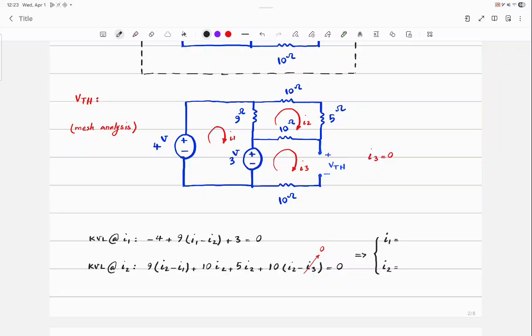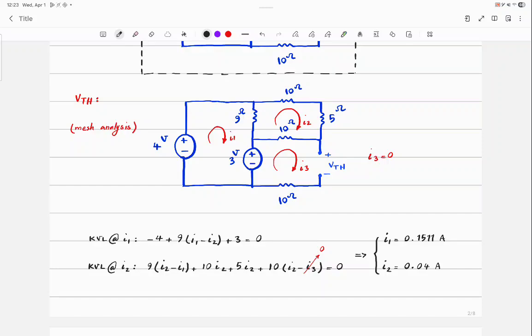Okay, 0.151. Yes. No, it's not negative. Positive. 0.1511. That is what I have. For the other one, 0.04.